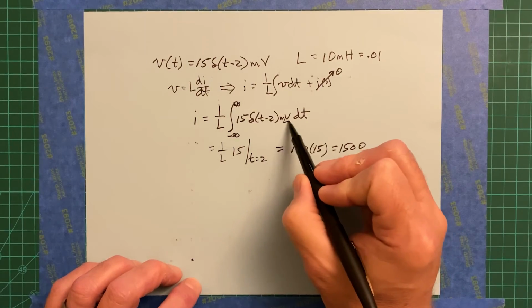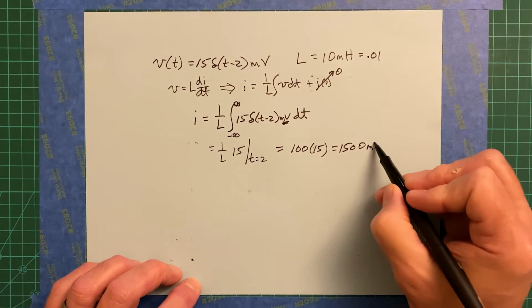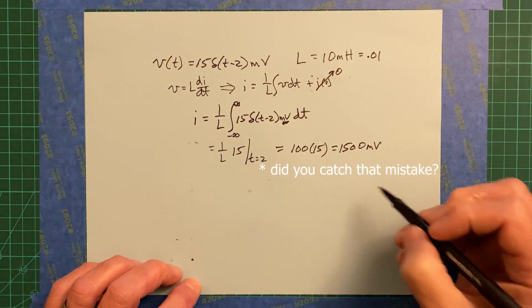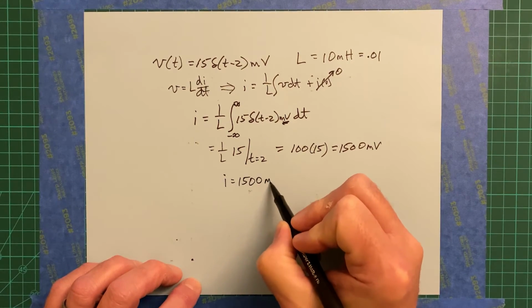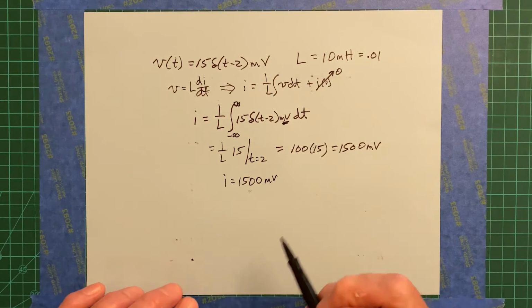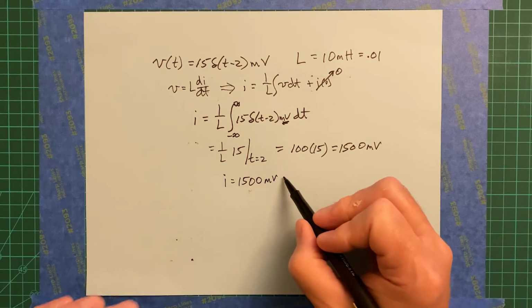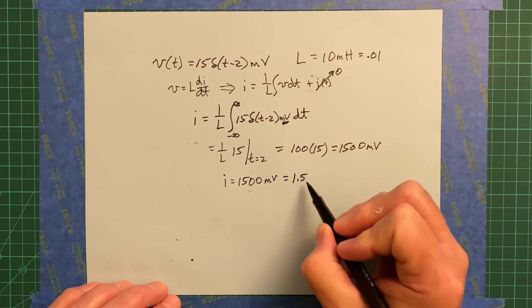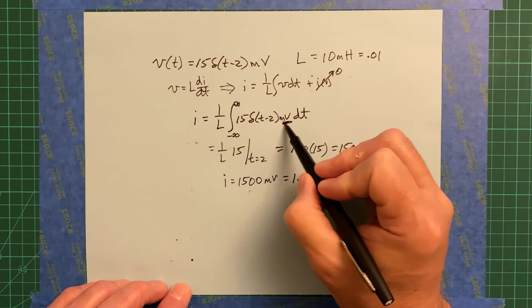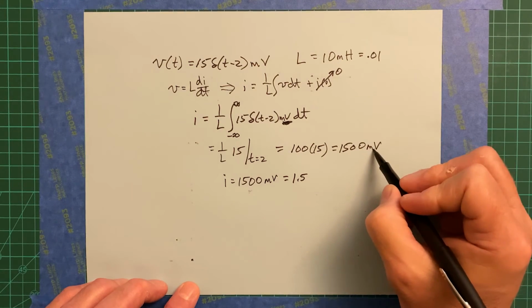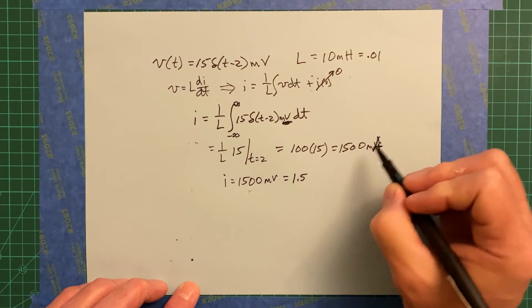Now we have to be careful here because we have units of millivolts there. So 1500 millivolts. So I equals 1500 millivolts. Or we could say 1.5. What am I doing? Millivolts. When we integrate it though, it's going to be amps, so milliamps.